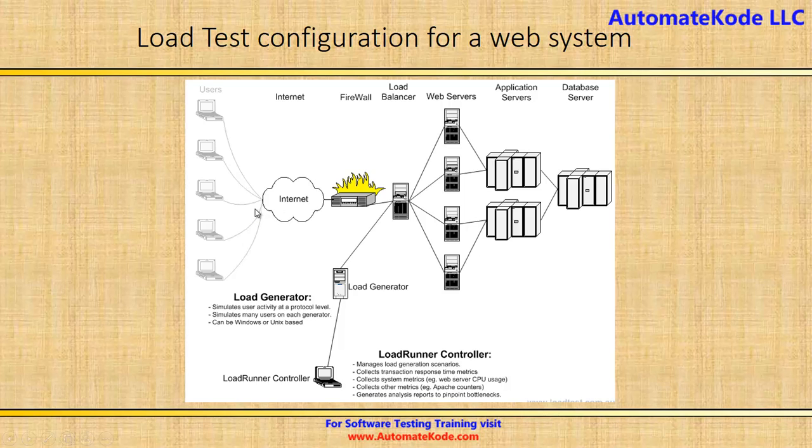From the internet, when they are accessing, let's say Facebook, first the request goes through a firewall. Firewall means, if there is any malicious attack, the firewall filters it. There is a technology in the firewall where, if there is any kind of malicious intent in going to Facebook, it can protect it.